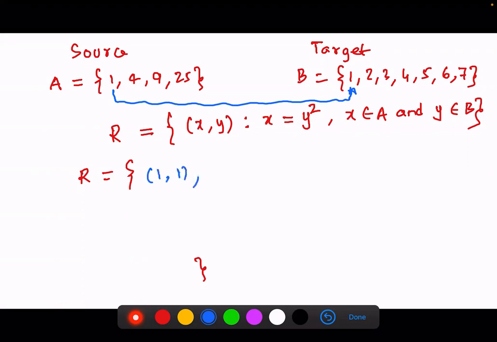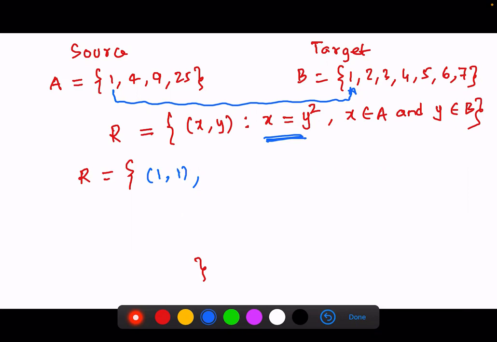And then if I take 4... Sir, I think x belongs to B and y belongs to A. No, I am defining it this way, Harsha. I am saying x is y square. I can do that.